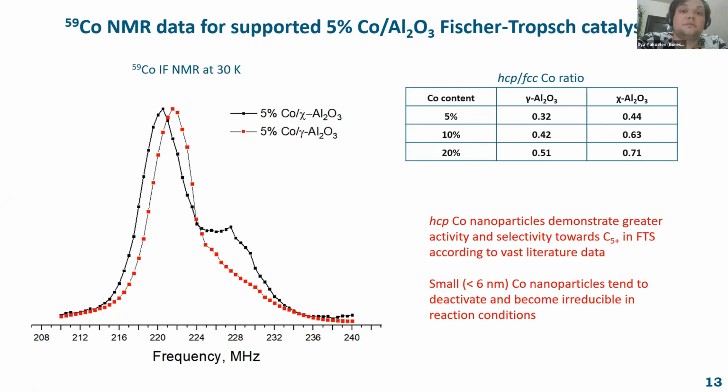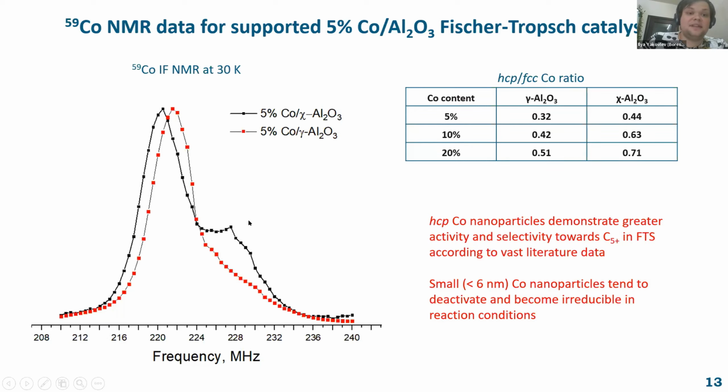We have prepared cobalt Fischer-Tropsch catalyst with different cobalt concentrations on supporting K alumina and gamma alumina, and from the internal field NMR spectra recorded at 30 Kelvin, we have observed a significant difference of these samples in the area that usually corresponds to HCP phase. And the most drastic difference, of course, is for the lowest concentration of cobalt.